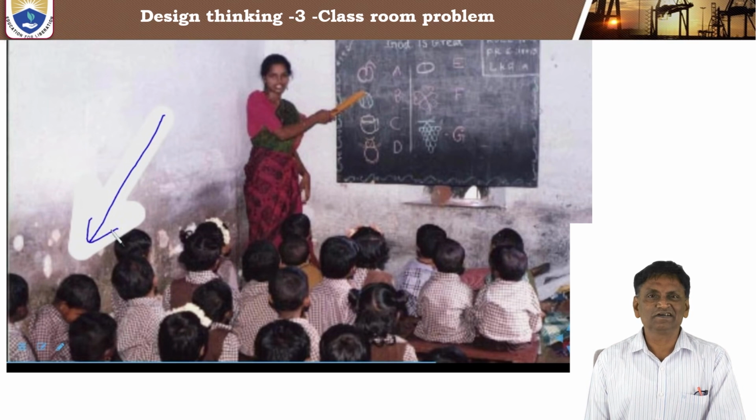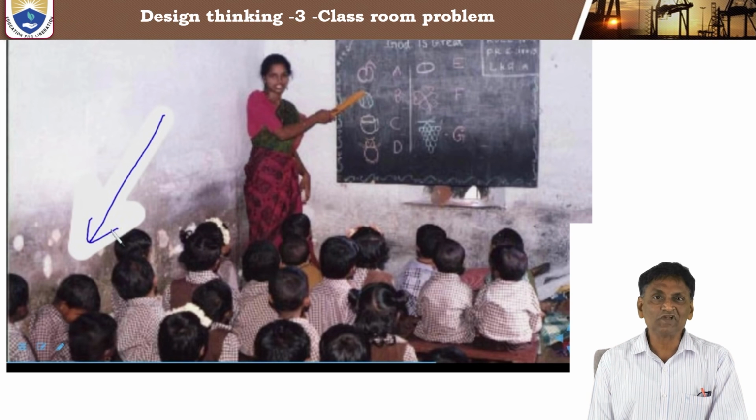It is one of the problems for design thinking. So why is the child not able to pay attention? One reason could be the teacher may be too fast, or the learning ability of the student is not equal to others. He may be a slow learner.